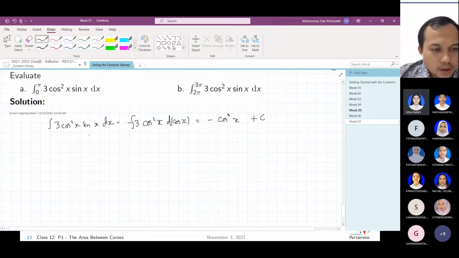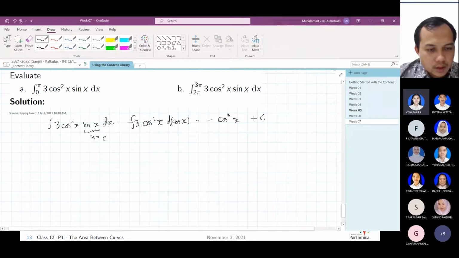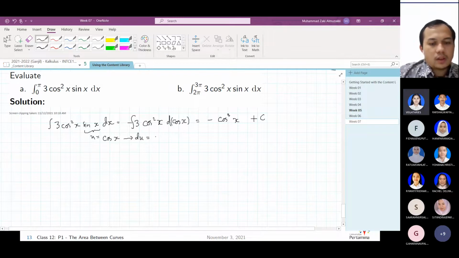Here we let u equals cosine of x, then du is minus sine x dx.